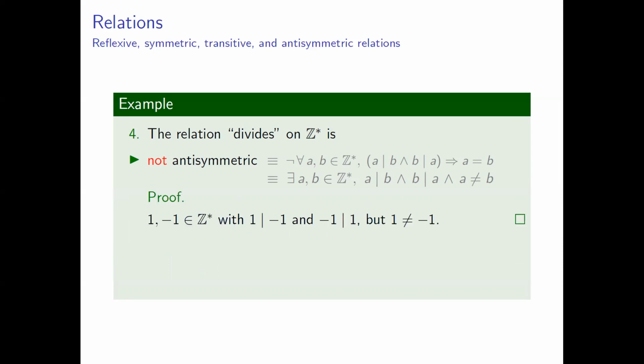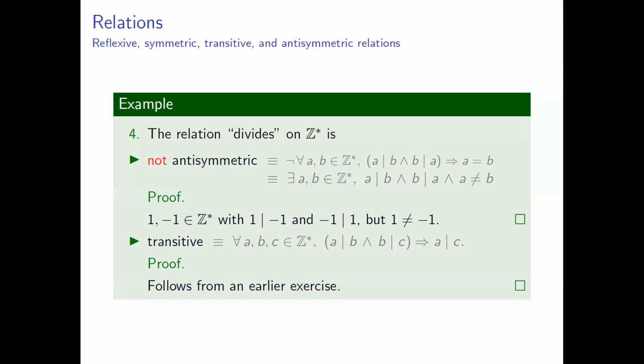For example, the integers 1 and -1 divide each other, but 1 is not equal to -1. It is transitive, that is, for any non-zero integers a, b, and c, if a divides b and b divides c, then a divides c. This follows from an earlier exercise.